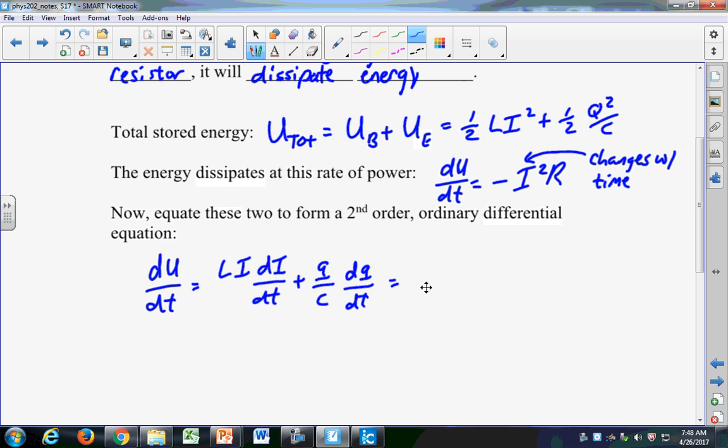And this is all going to equal negative I squared R. The total amount of energy, or the change in energy rather, is equal to the rate at which I lose energy.